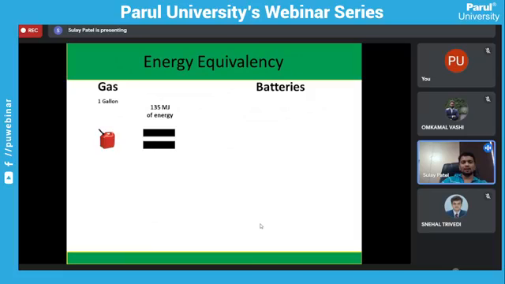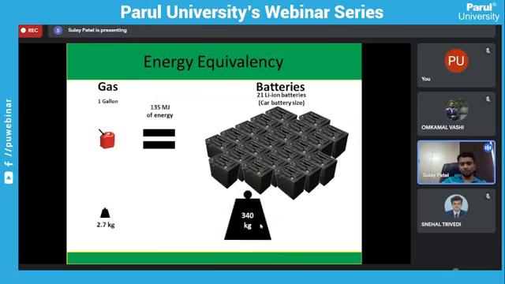Now over here we can see the energy equivalency. This gas means gasoline. One gallon of gasoline or petrol generates 135 megajoules of energy, and this is equivalent to this much of batteries.